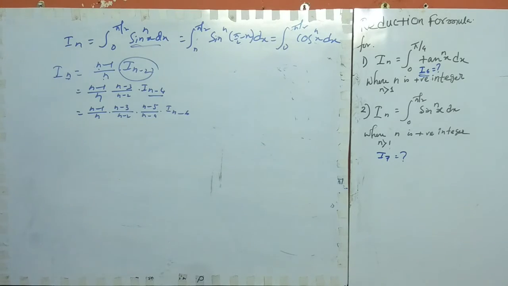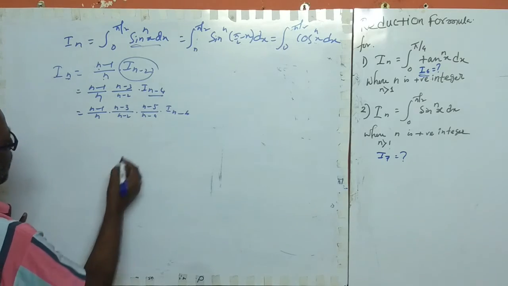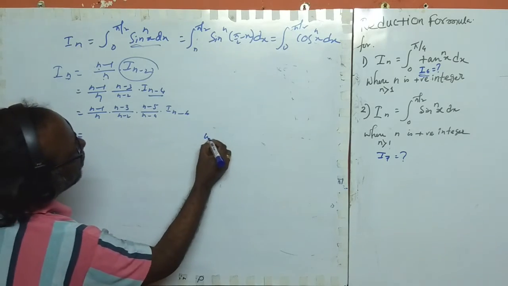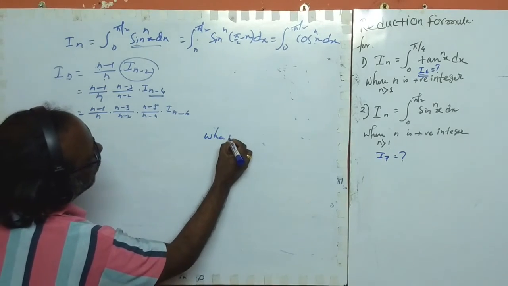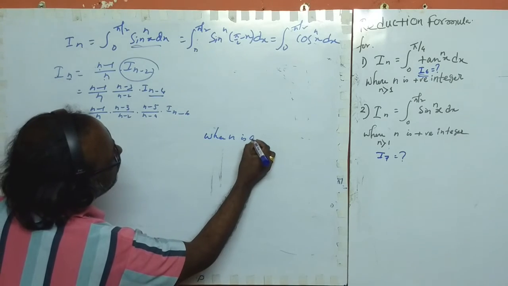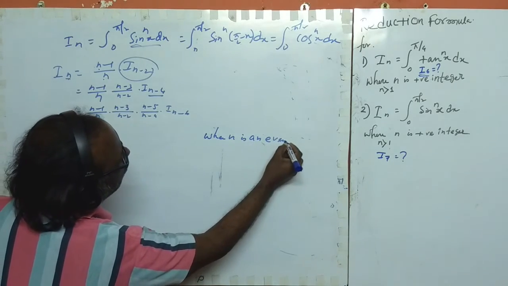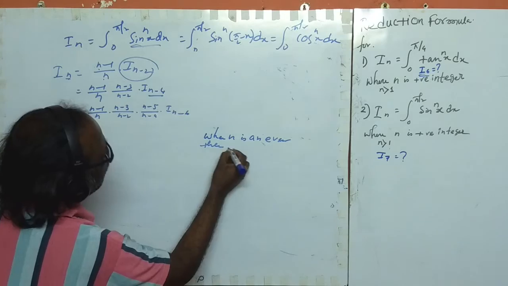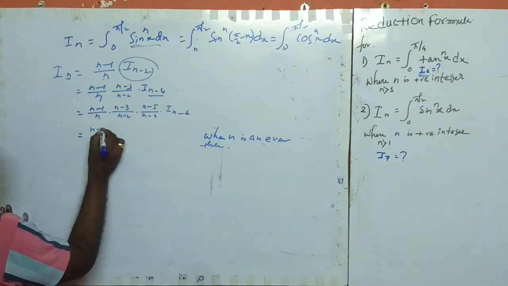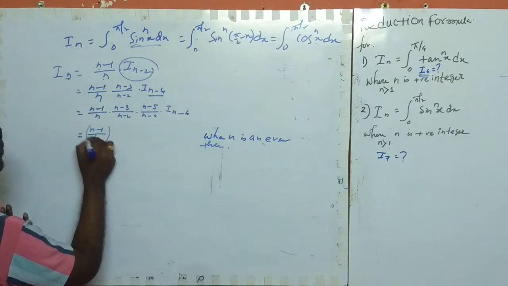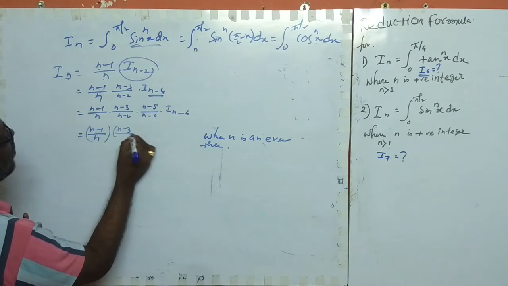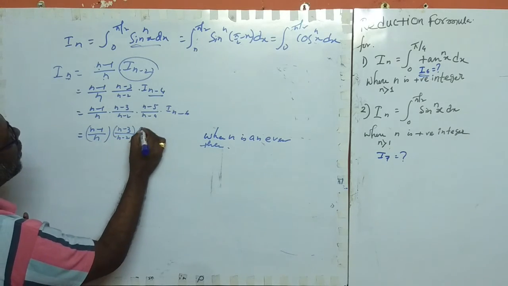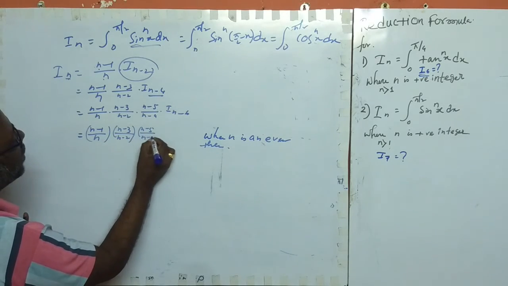So now we take the case when n is an even number. When n is even, then what happens? n minus 1 by n, n minus 3 by n minus 2, n minus 5 by n minus 4.